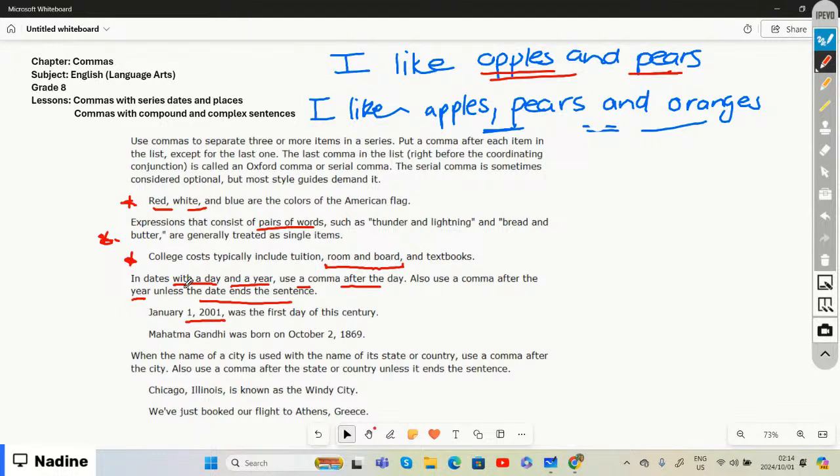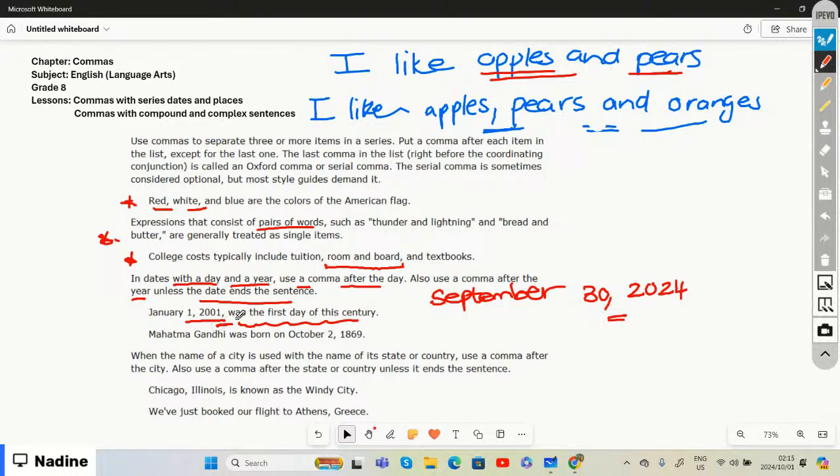But if you're just going to write the date without all the other wording, then we're going to write, for example, today is September 30, comma, 2024. And there we add our comma only. No comma afterwards unless there are more words written afterwards.